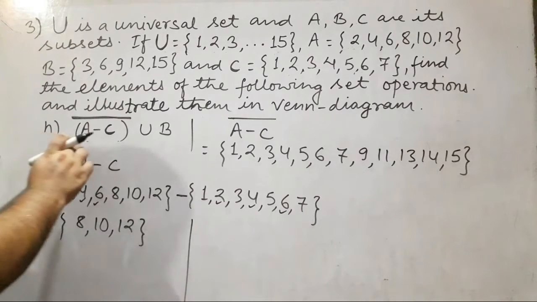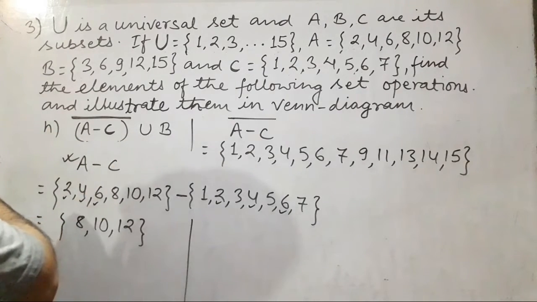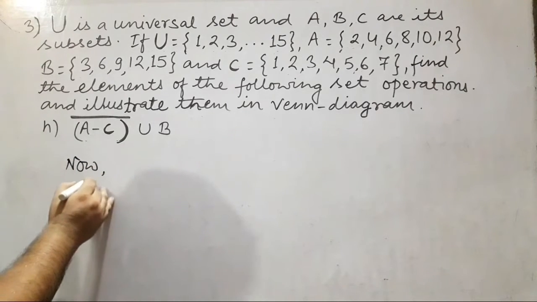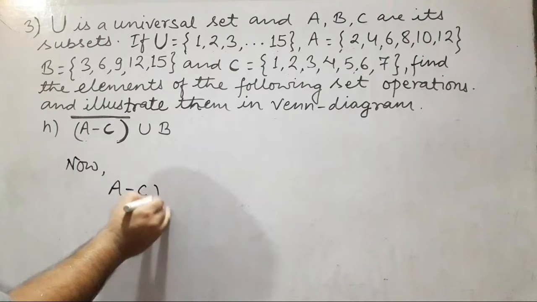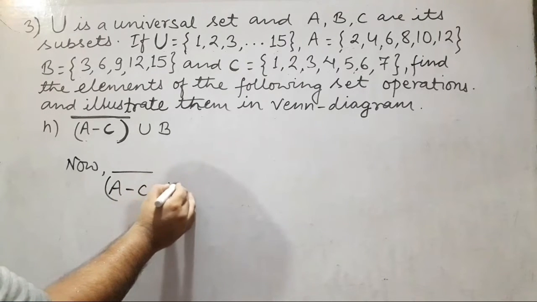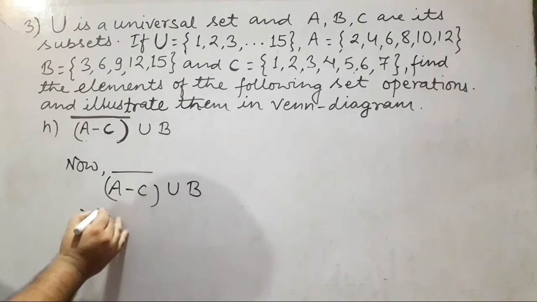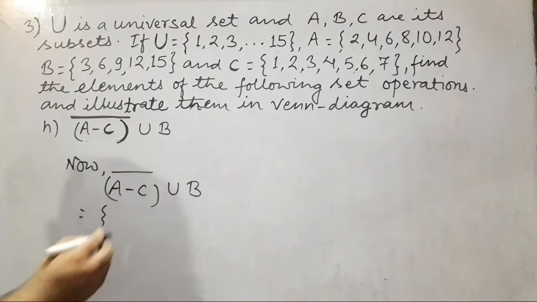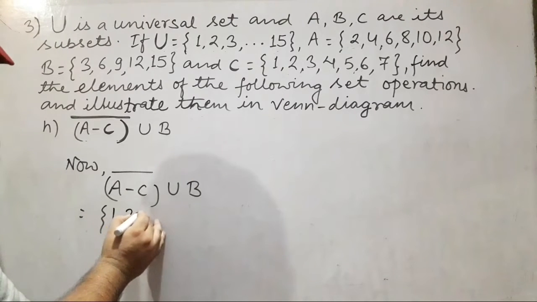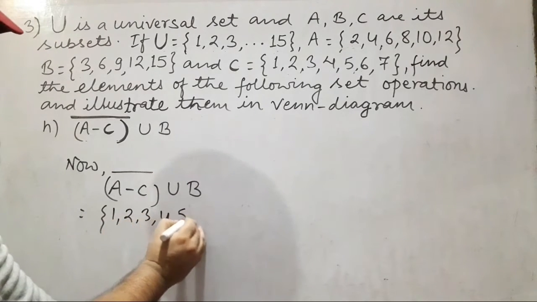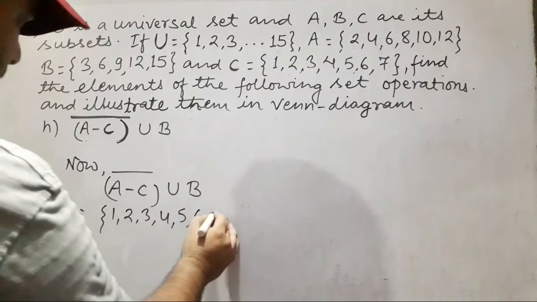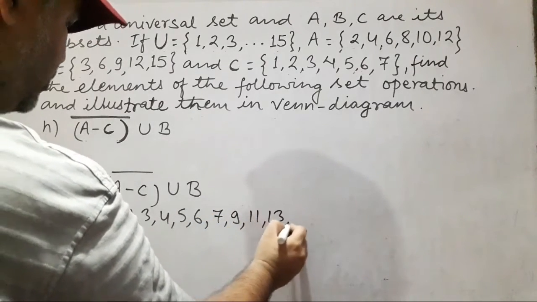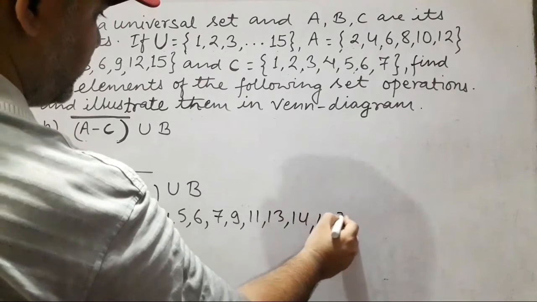Now A minus C complement union B. We just found that A minus C complement has the elements 1, 2, 3, 4, 5, 6, 7, 9, 11, 13, 14 and 15.